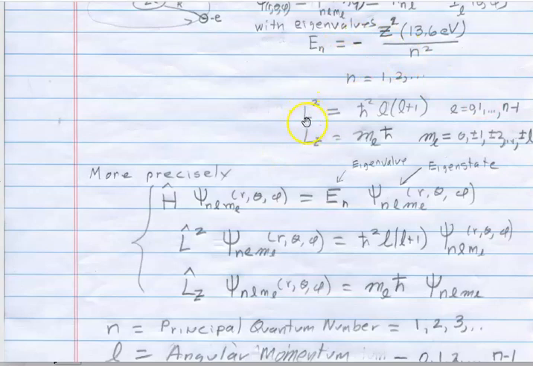We also had the square of the angular momentum, which was also quantized. It could only be in units of h bar squared. H bar has units of angular momentum, and so h bar squared times l times l plus 1 gives us the total square of the angular momentum.